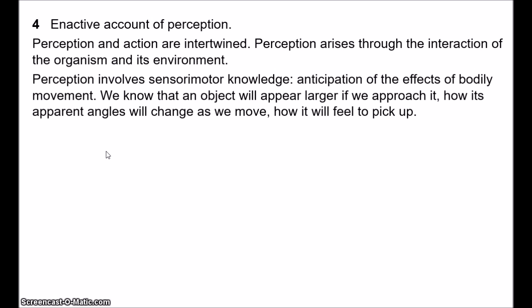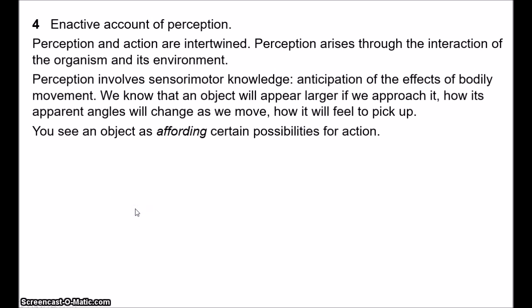If you pick it up, you will automatically apply just the right kind of pressure in your grip, not so much as to shatter it, not so little that you drop it. You see the wine glass as offering all of these possibilities. Affordances are opportunities for behaviour. They're kind of relational properties. They're features of the way the animal interacts with the environment. So we perceive the world as affording certain possibilities for action.